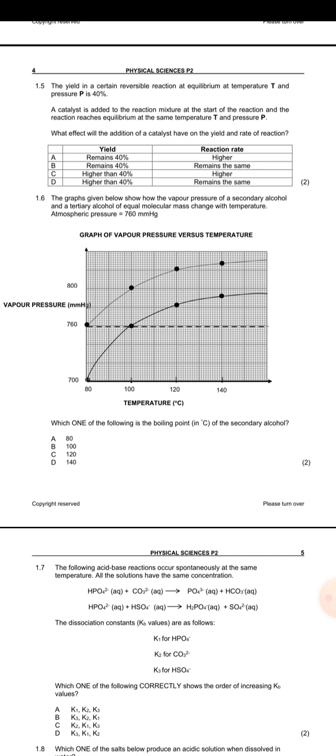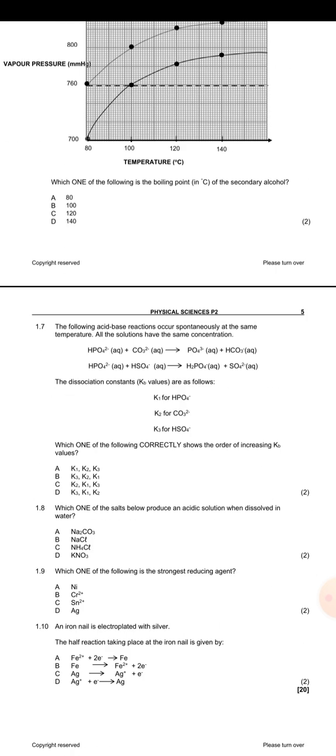So a secondary alcohol will have stronger London forces, and if stronger London forces, then definitely it must have a higher boiling point. Okay, so the answer there is going to be B. Yeah, so the answer there has to be B.